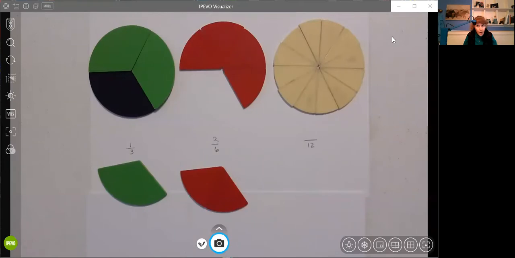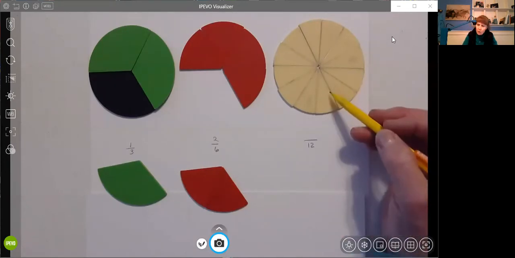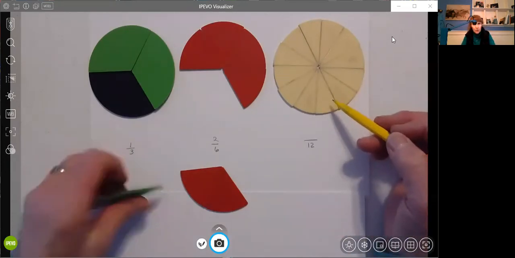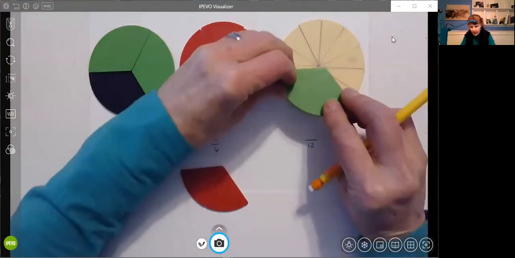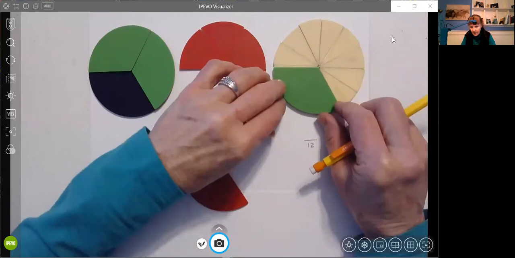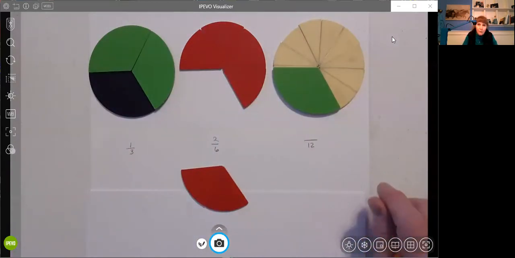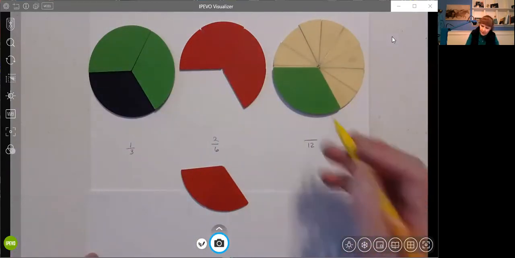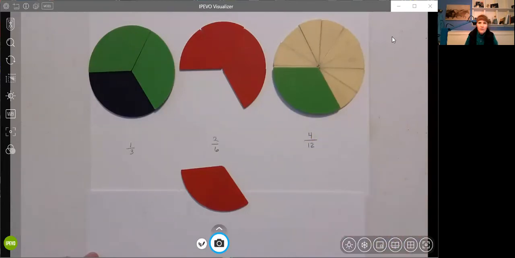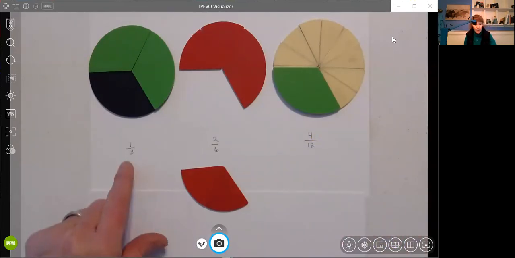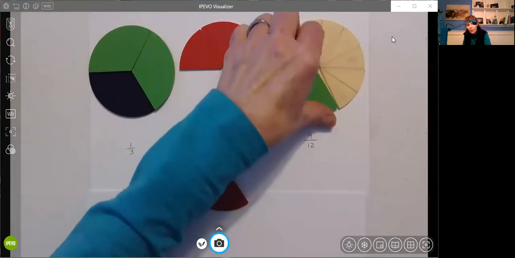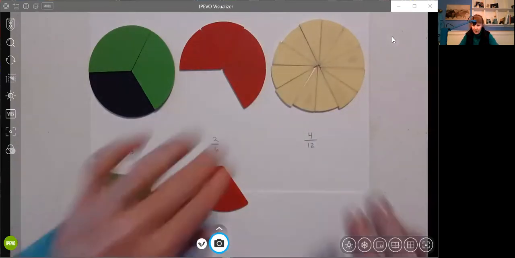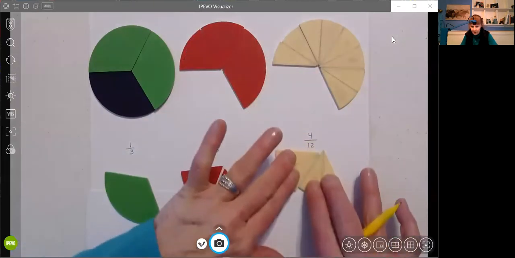Well, what if I have twelfths? How many of these twelfths would I need to represent this right here? So if I were to lay this over, I would need 4 of those twelfths. 4 of those twelfths is the same as 1/3. Because they represent the same amount, I'm going to take these 4 out.